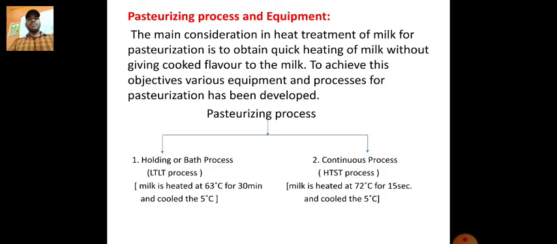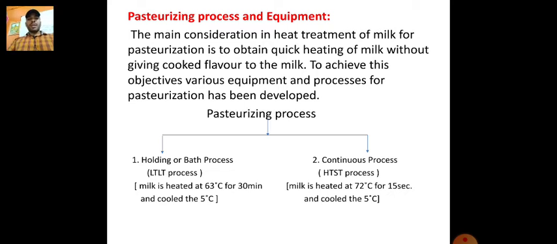After that, the pasteurization process and equipment. The main consideration in heat treatment of milk for pasteurization is to obtain quick heating of milk without giving a cooked flavor to the milk. To achieve these objectives, various equipment and processes for pasteurization have been developed.